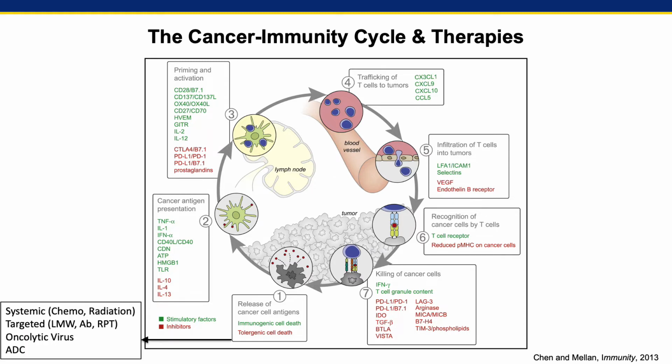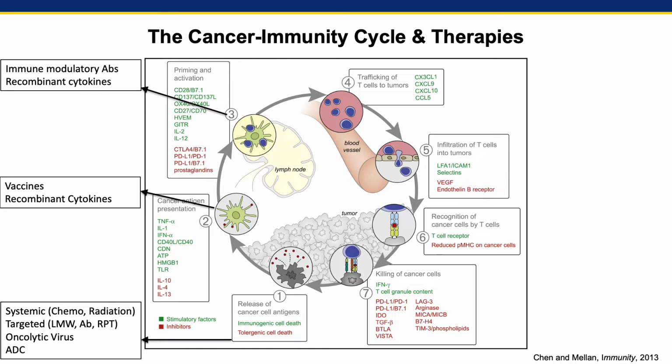For example, the majority of cancer therapy that can cause immunologic cell death are part of the cancer immunotherapy. To activate cancer antigen presentation, the concept of cancer vaccines and recombinant cytokines has been used. For priming activation, immune modulatory antibodies and recombinant cytokines have been tested.